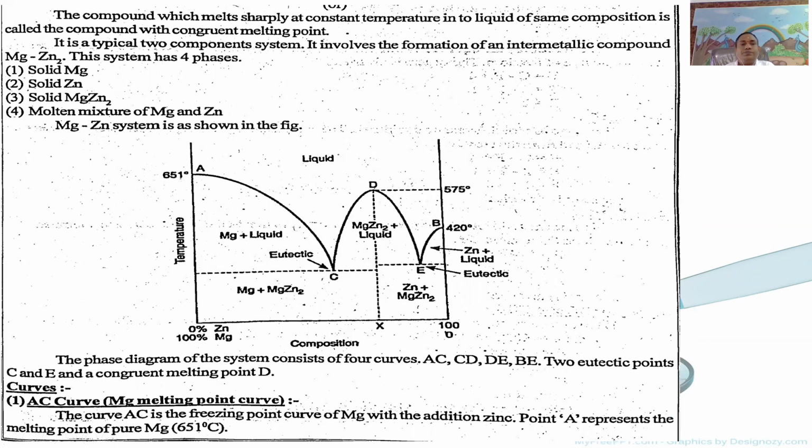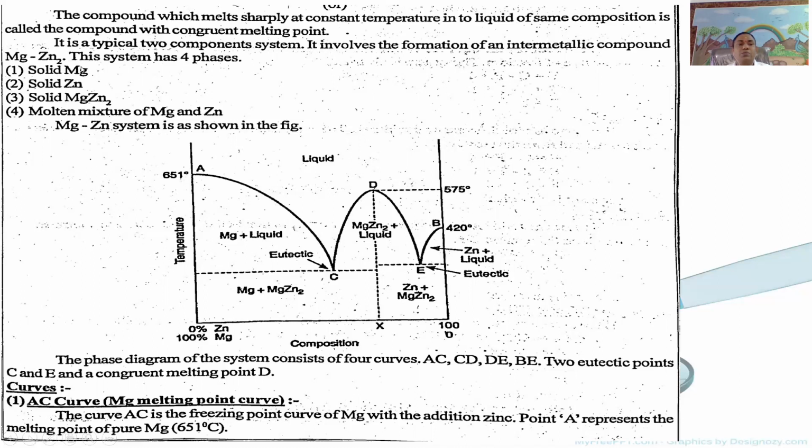The compound which melts sharply at constant temperature into a liquid of the same composition is called a compound with congruent melting point. It is a typical two-component system involving the formation of an intermetallic compound.